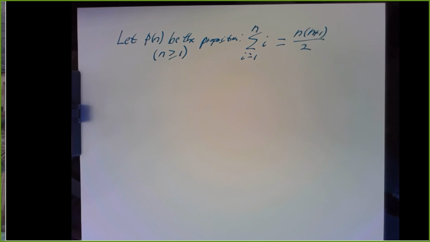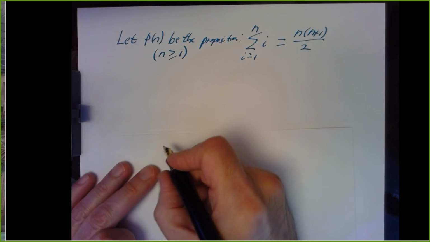What value of n do you think it's not true for? Well, let's pick an n. Infinity is not an integer, actually. Let's not get too harsh on it, though. Let's say n equals 3.